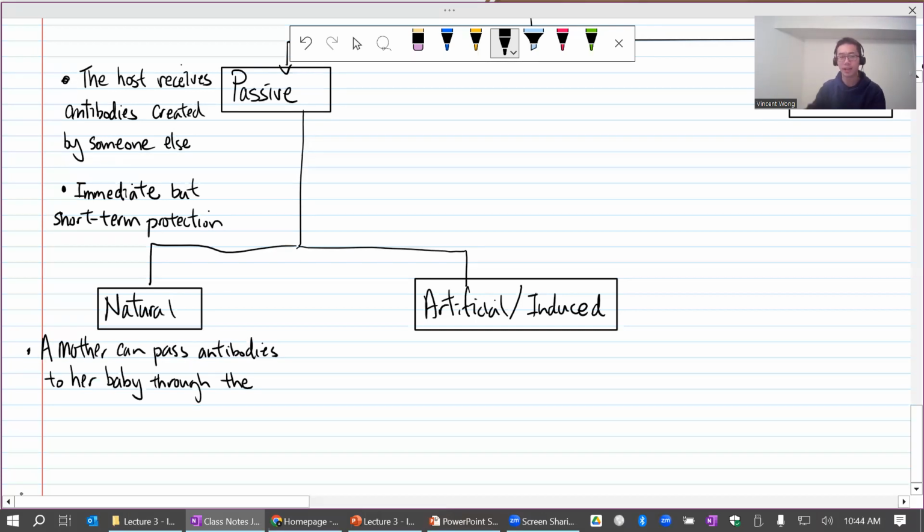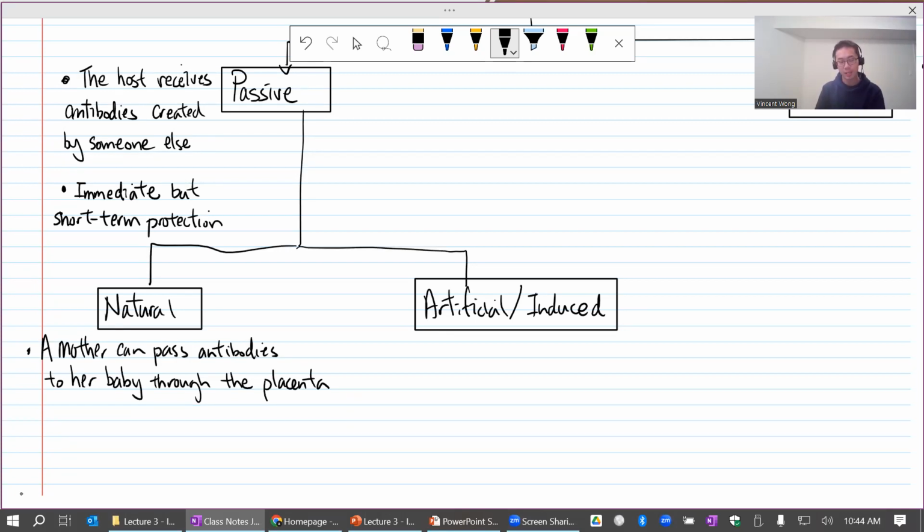Placenta? Thank you, placenta. But in this case, we're talking about good protective antibodies, not the anti-Rh stuff. Like if the mother has anti-measles antibodies, that's going to go to the baby through the placenta. If she got the COVID shot, vaccines, the antibody is going to go to the baby, through the placenta.